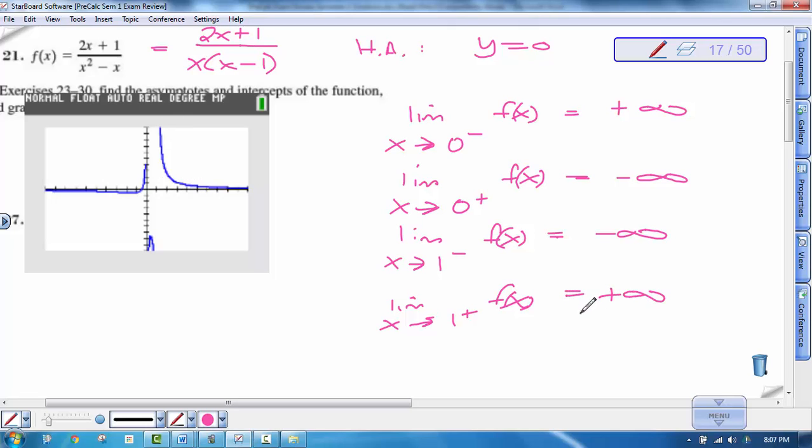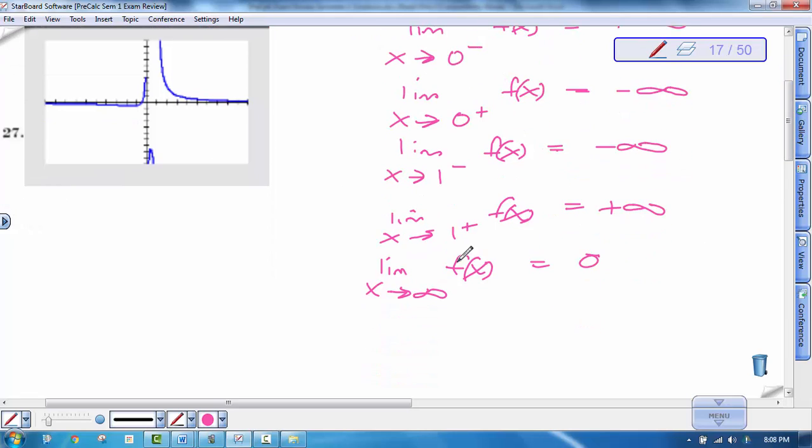And then we can also have the limit as x goes to infinity, the end behavior as well. And you can see that that goes to 0. We can do the other way as well as we go to negative infinity. This function also goes to 0 all the way to the left as well.